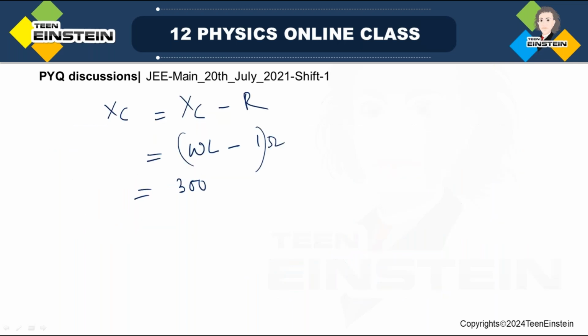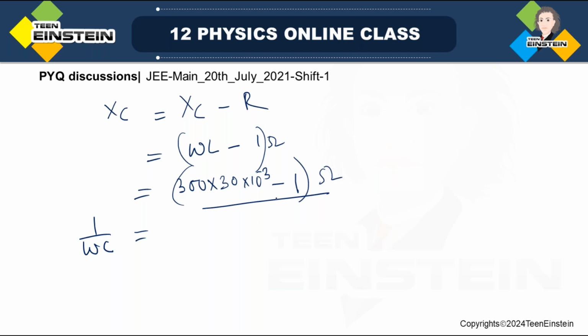This is 30 into 10 to the power minus 3 Henry, minus 1, in ohm. 1 over omega c is equal to this term. 3 3s are 9, then it will be 8 ohm.